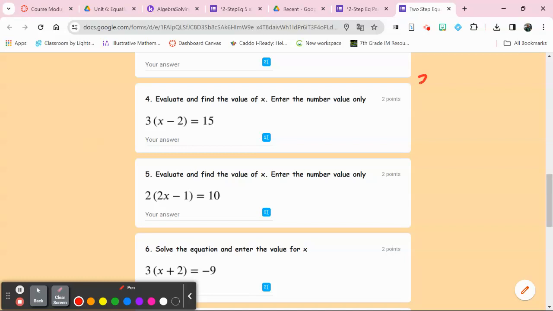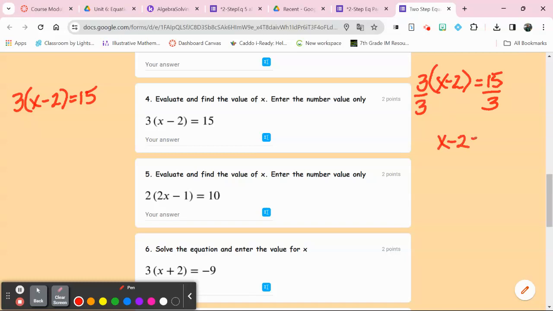You've got 3 times the group, x minus 2 equals 15. So if we divide first by the number in front of the parentheses, that leaves us with one group of x minus 2 equals 15 divided by 3, 5.